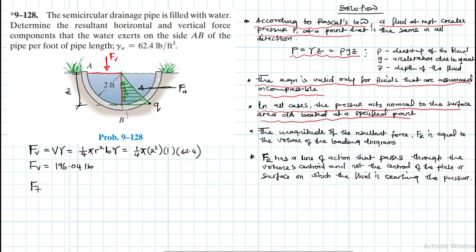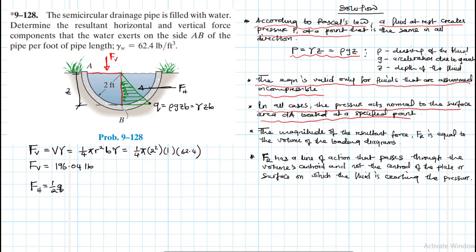Then let's find FH. We said FH is equal to half times that Q there. This Q is equal to rho g z b, which is basically the unit weight times z times b.